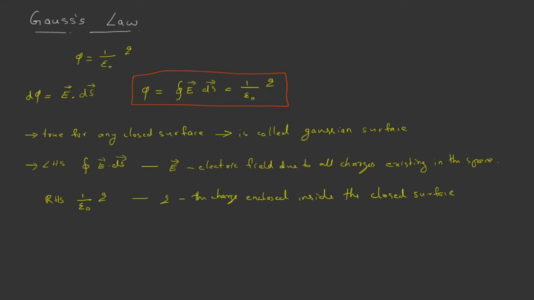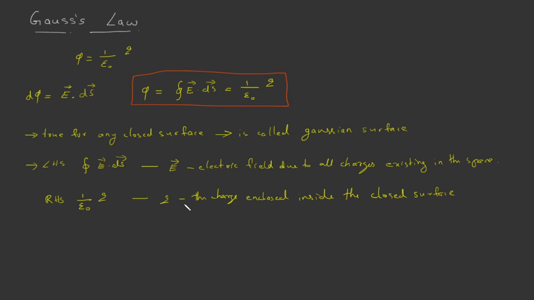That is, here we are considering only those charges which are inside the closed surface. The charge may be located anywhere inside the surface, but it must be inside the closed surface. We are not considering the charge outside the closed surface in this Q. We are only considering the charge inside the closed surface, and that can be anywhere inside the closed surface.